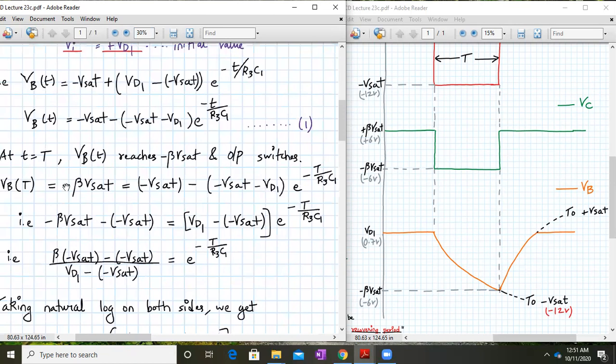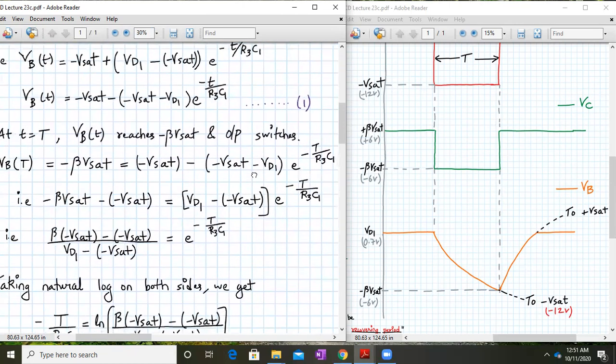So Vb of capital T, now we are substituting small t with the capital time period. So Vb of capital T will be minus beta Vsat. That is what we are equating to equation number one, and we get the expression minus beta Vsat is equal to minus Vsat minus bracket minus Vsat minus Vd1 bracket close into e raised to minus capital T divided by R3C1.